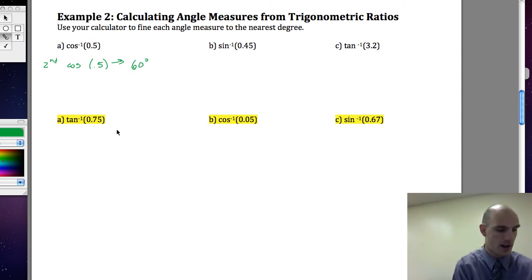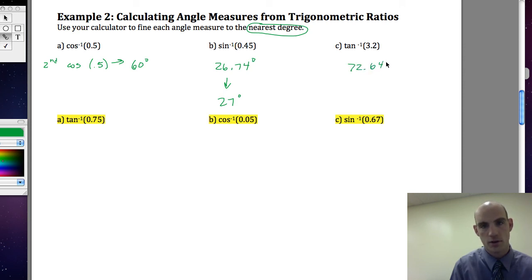Second sine 0.45 equals, to the nearest degree, 26.74 degrees, so that means it's going to go to 27 degrees. In the same way, I'll do tangent inverse 3.2, which is 72.64 degrees, which means it goes to 73 degrees thereabouts.